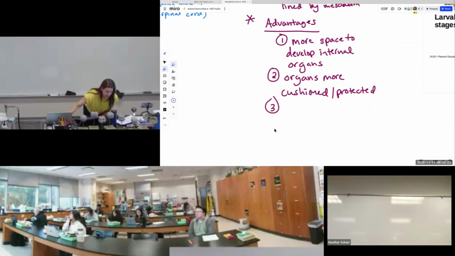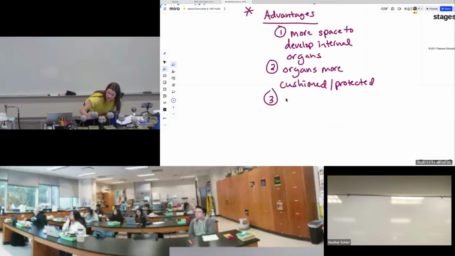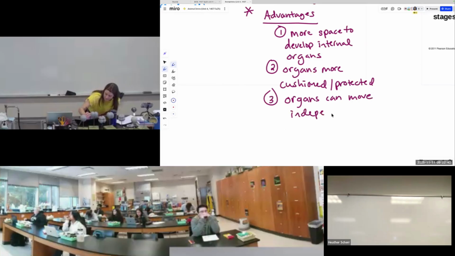And then number three, the organs can move independently. They're not all stuck to the same block of tissue. So basically they can get more complicated in structure and somewhat in function.